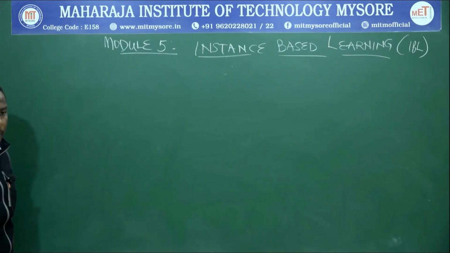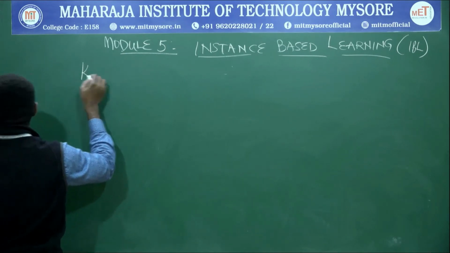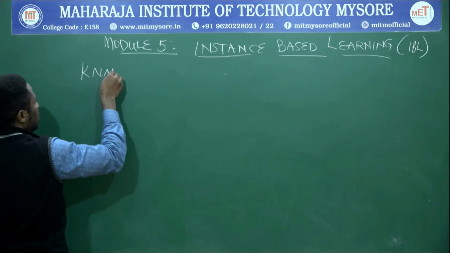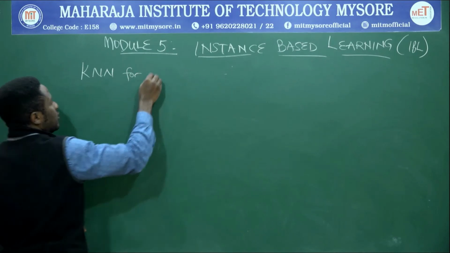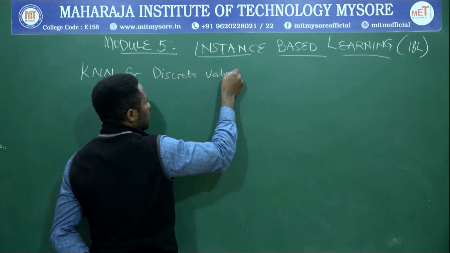So we are now here. KNN for discrete valued.